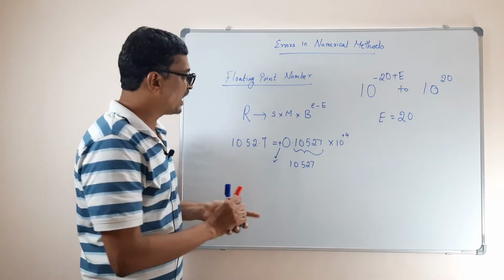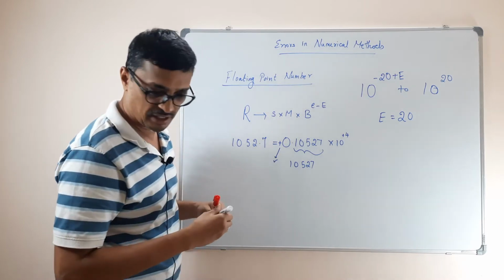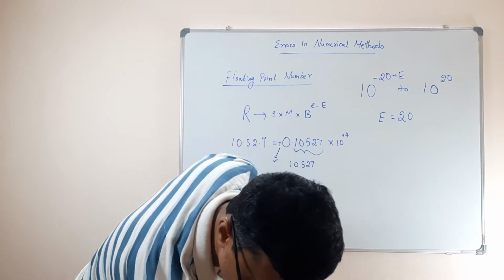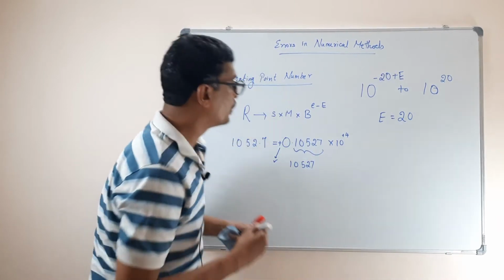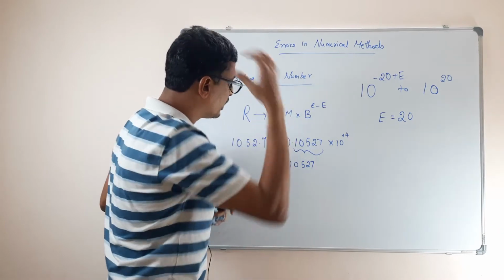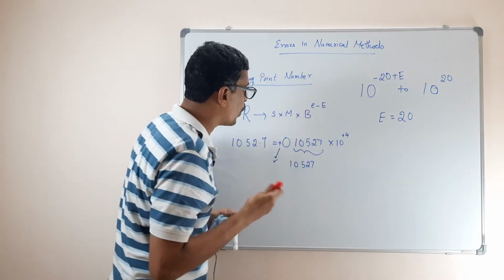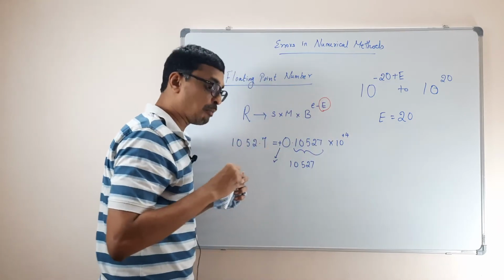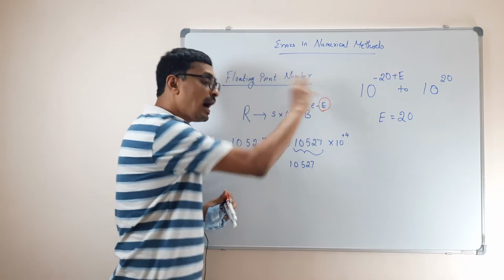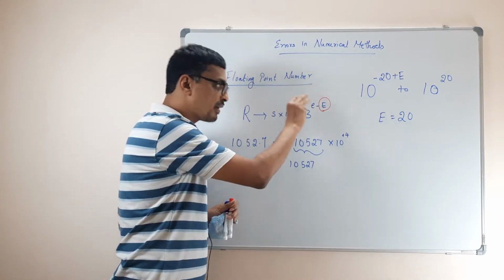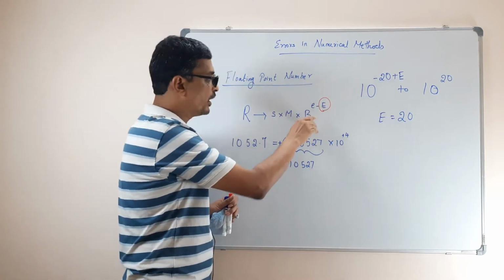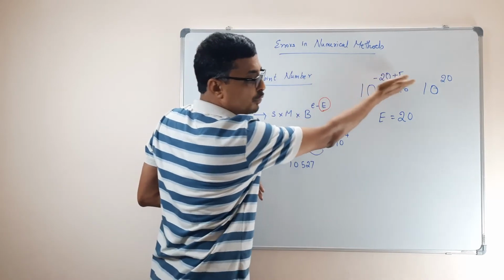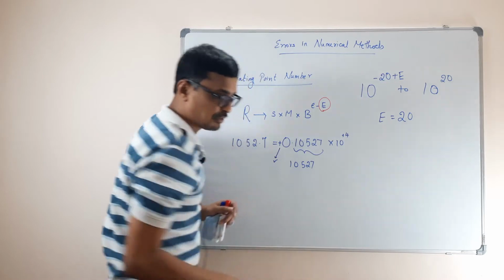So that's the whole concept of what this bias is. Can you people understand now clearly what it is? So bias is some large number that you either subtract or add with the exponent. If you subtract, it becomes negative, am I right? If I put minus, then it becomes minus 40 to minus 0. Whatever it is.